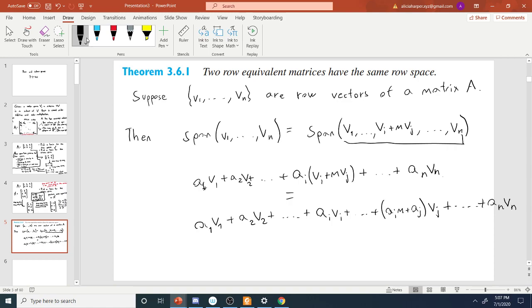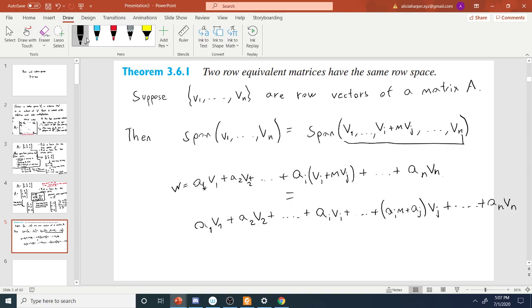So what I've done is I've taken an arbitrary vector W lying in the span of these vectors, and I've shown that W in fact lies in the span of these vectors. And so this shows that this subset is contained in this subset.